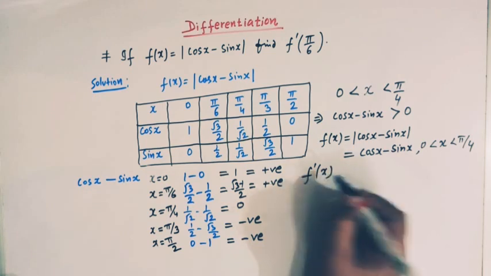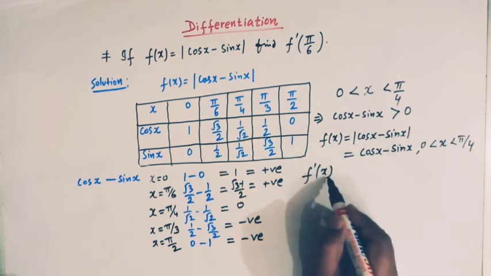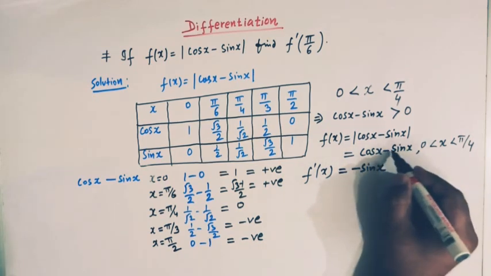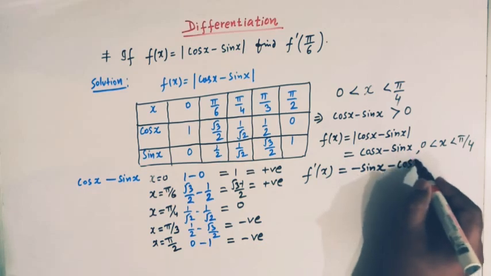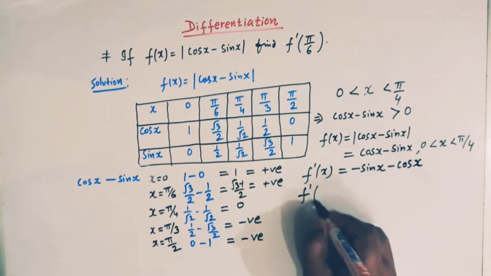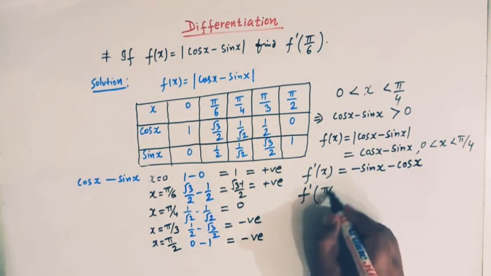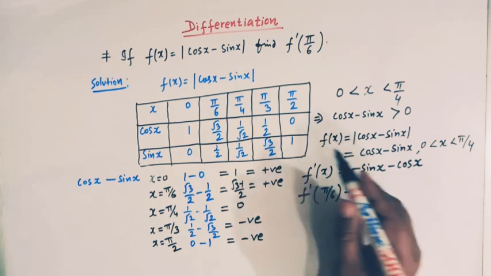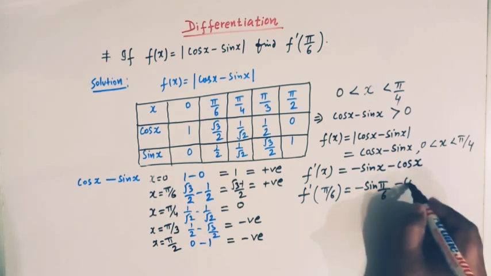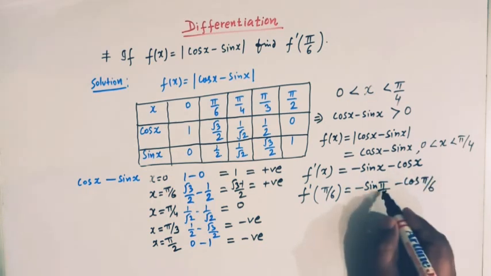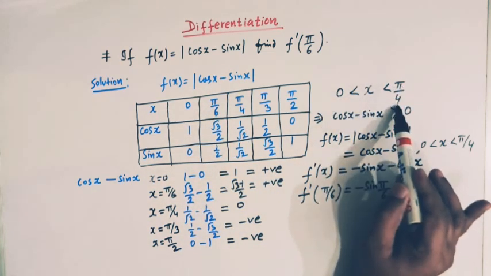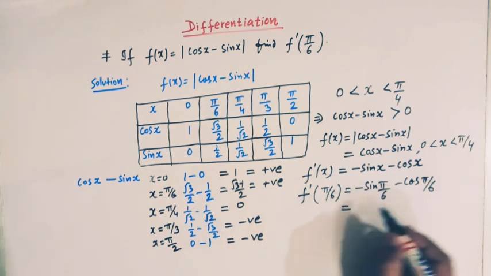The derivative of this function is f′(x). The derivative of cos x is −sin x, and the derivative of sin x is cos x. For x equal to π/6, the value of the derivative is −sin π/6 − cos π/6, because π/6 lies between 0 and π/4.